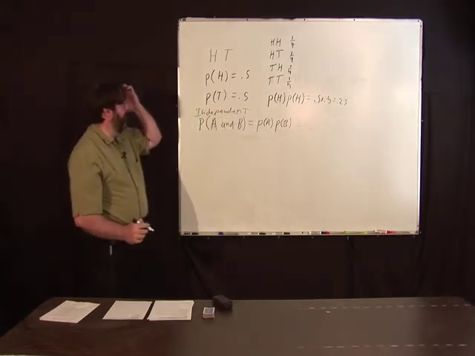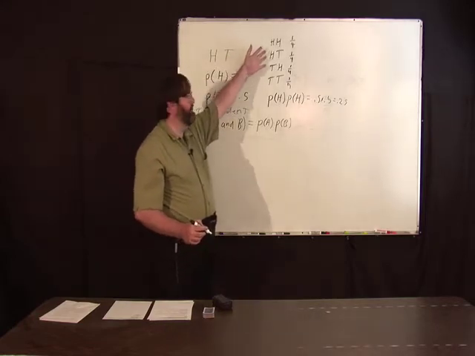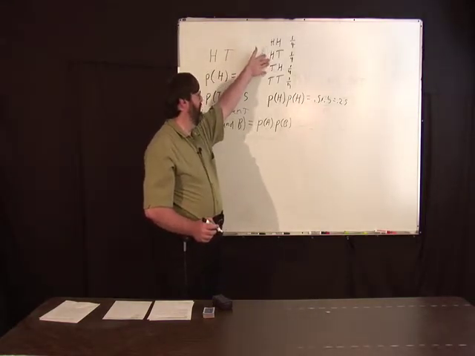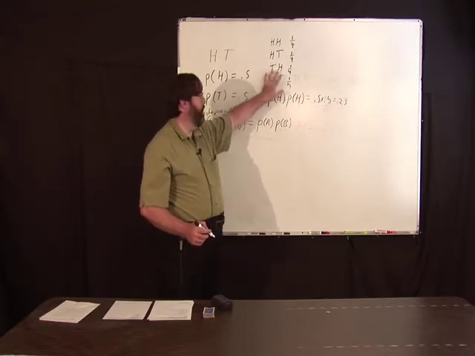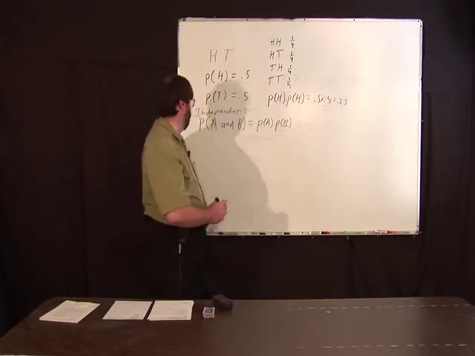Well, what's the probability of getting at least one head and one tail? So that's the probability of getting a head and a tail, or a tail and a head.